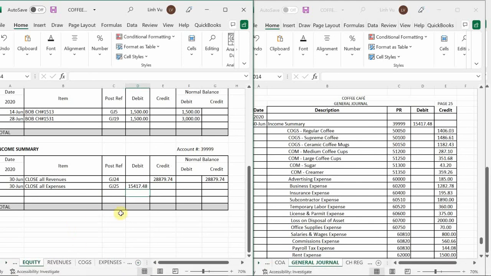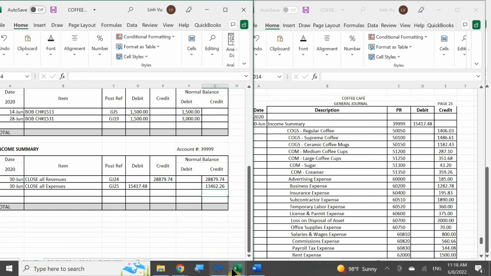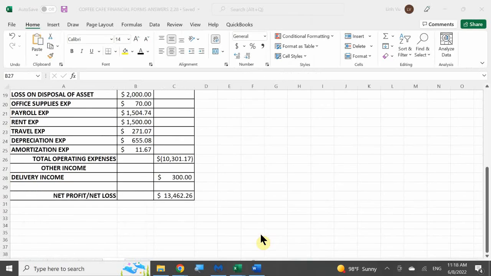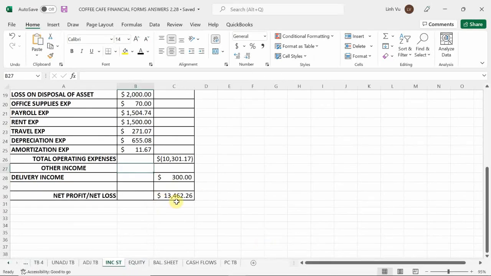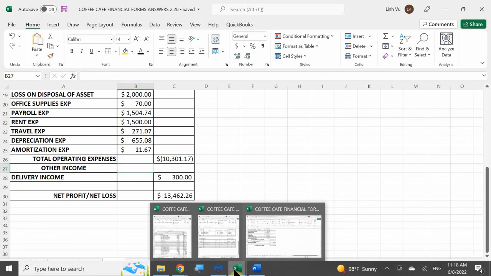Did this give me my grand total of that $13,000 income? Let's see. Let's do this calculation one more time. Since it's normally a credit balance, you got $13,462.26. And did that match your statement of income? $13,462.26. So yes, it did indeed match.